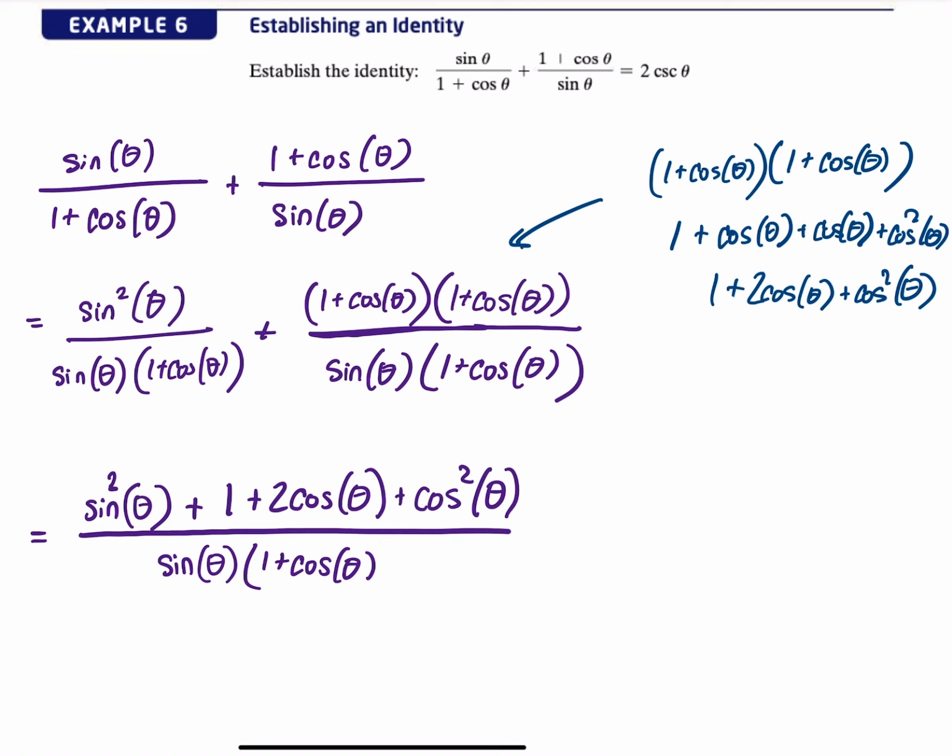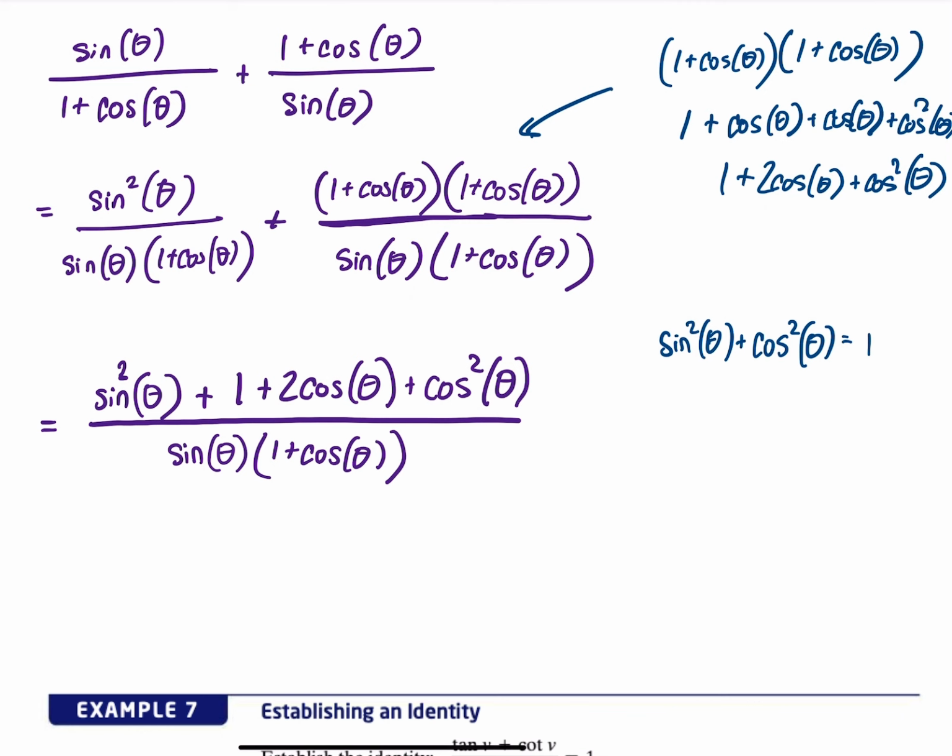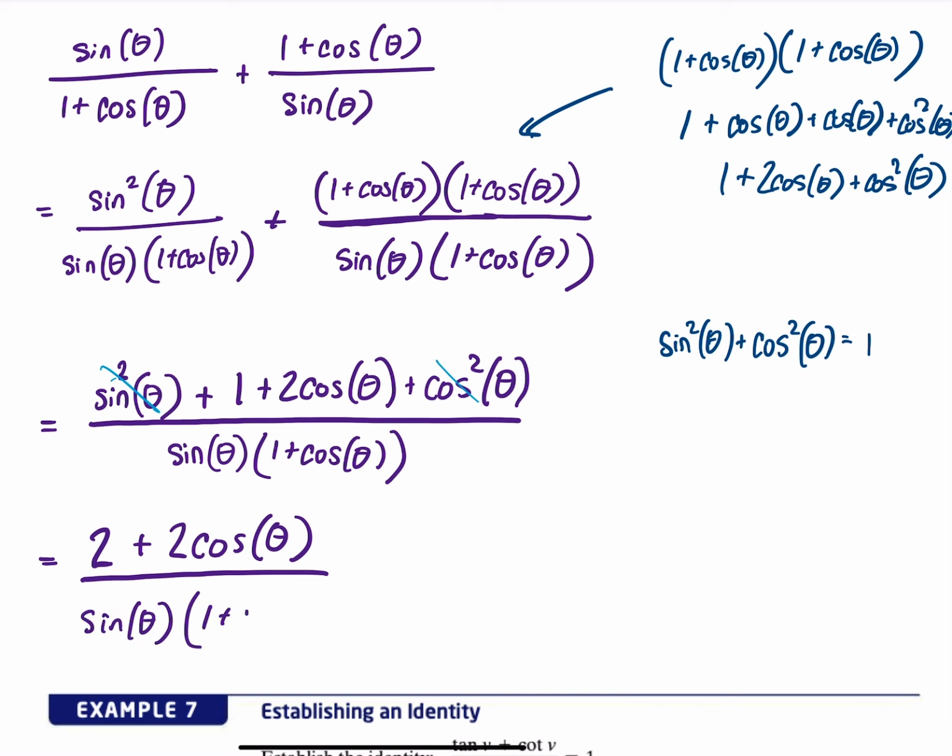That's one of our identities. That's our Pythagorean identity. We know that sine squared plus cosine squared equals 1. So that means this would become, you can imagine these are reducing to 1. And then we have plus this other 1. So let's just write that as 2 plus 2 cosine of theta. And we still have our denominator, sine of theta times 1 plus cosine.